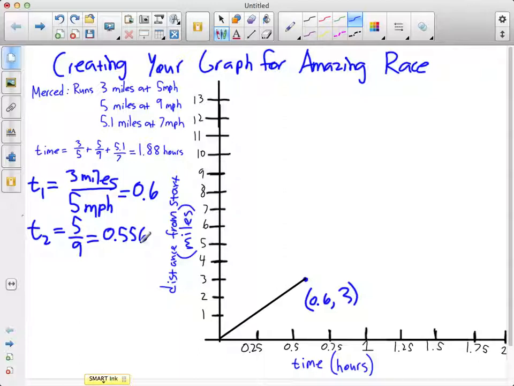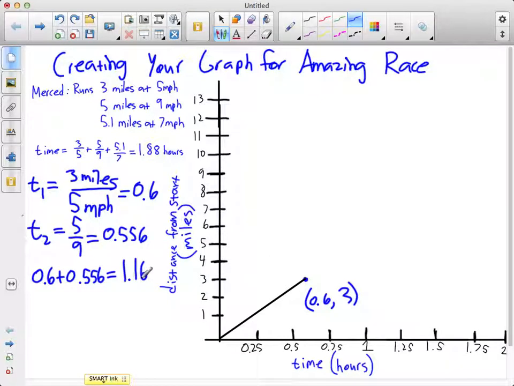I'm not going to go to 0.55, because that would be going backwards. I'm going to add these 2 times together because that's his total. So 0.6 plus 0.556 is going to equal 1.16.